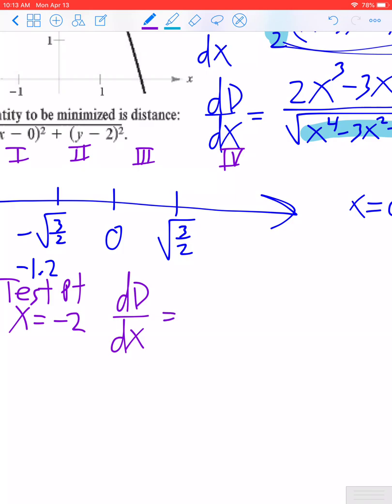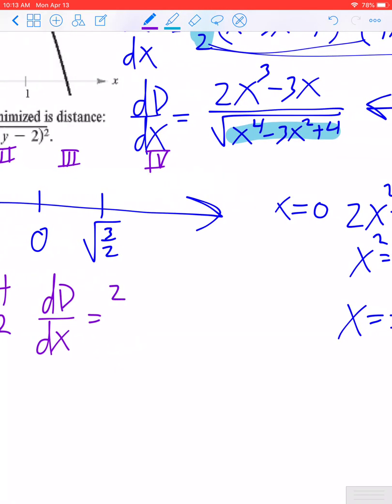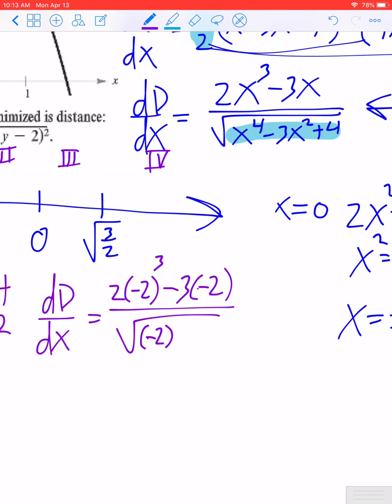The derivative evaluated at negative 2. This would be 2 times negative 2 cubed minus 3 times negative 2, all divided by the square root of negative 2 to the fourth minus 3 times negative 2 squared plus 4. Let's go ahead and evaluate this one.